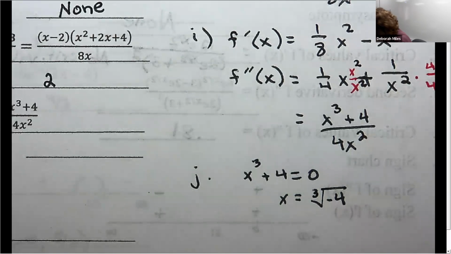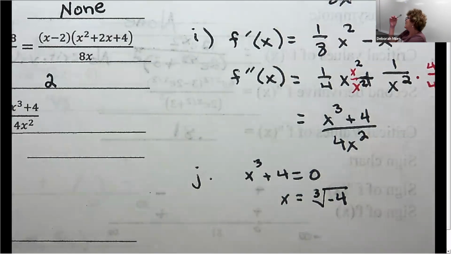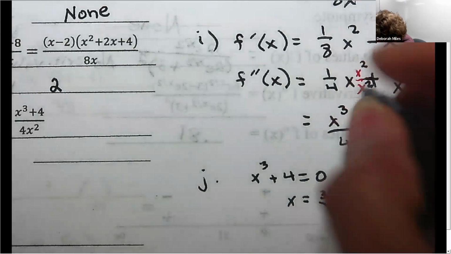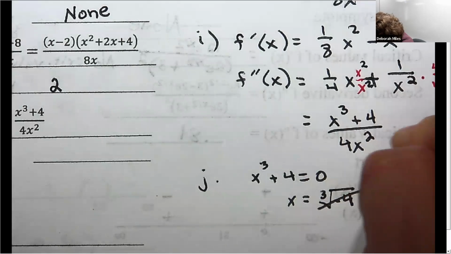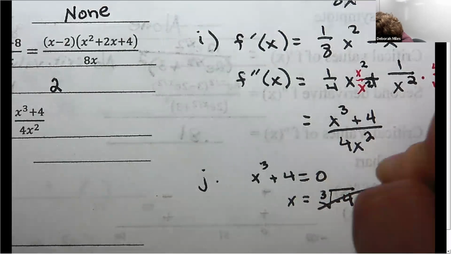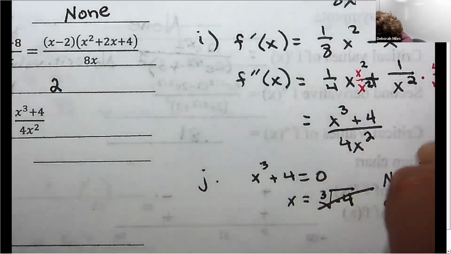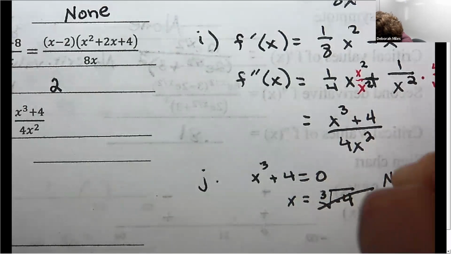Why do I not really need this? Why can I tell right off the bat that's not a critical value? It's not even in the domain. I can take the cube root of a negative 4, but I can't let x be a negative number in the original function. So not in the domain of f of x.